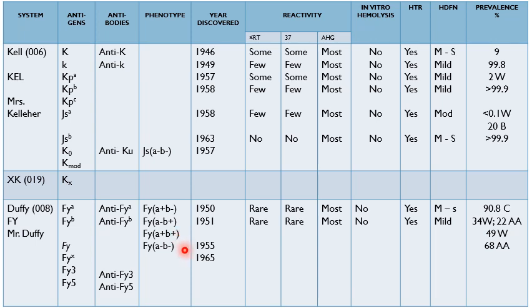In 1955, Sanger and his colleagues reported that the majority of African Americans were FYA negative, FYB negative. This null phenotype, Fy(a-b-), and its genotype, FY, is common in blacks, especially in Africa.